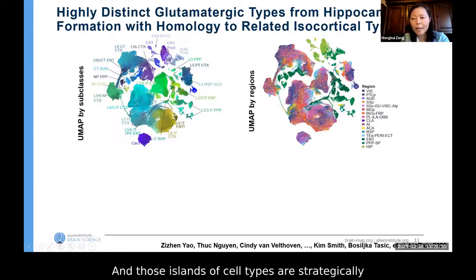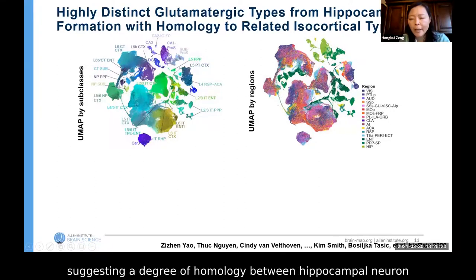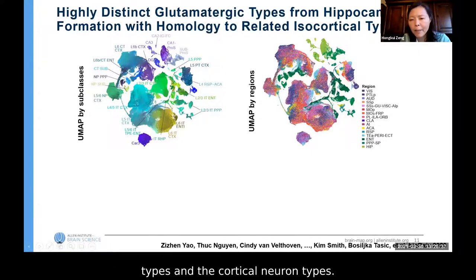Those islands of cell types are strategically located near isocortical major subclasses, suggesting a degree of homology between hippocampal neuron types and cortical neuron types.